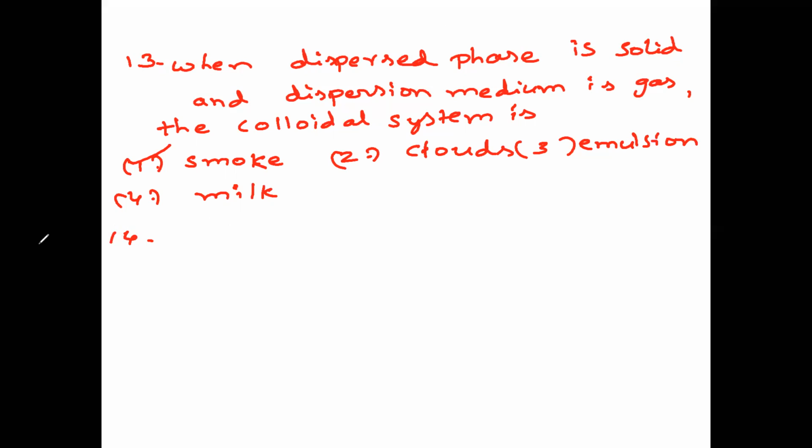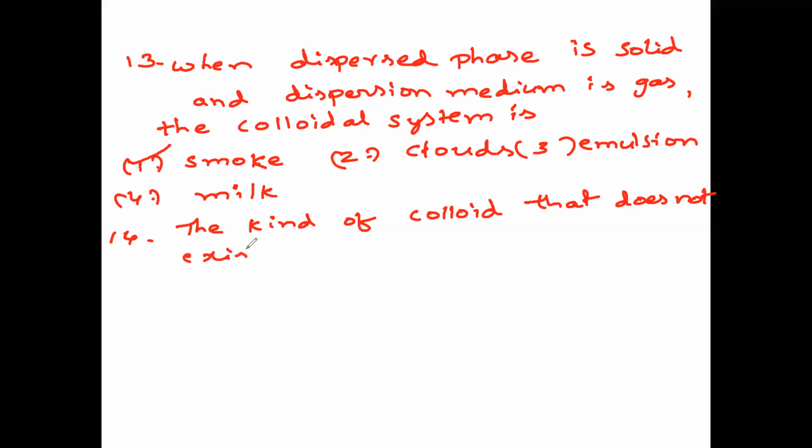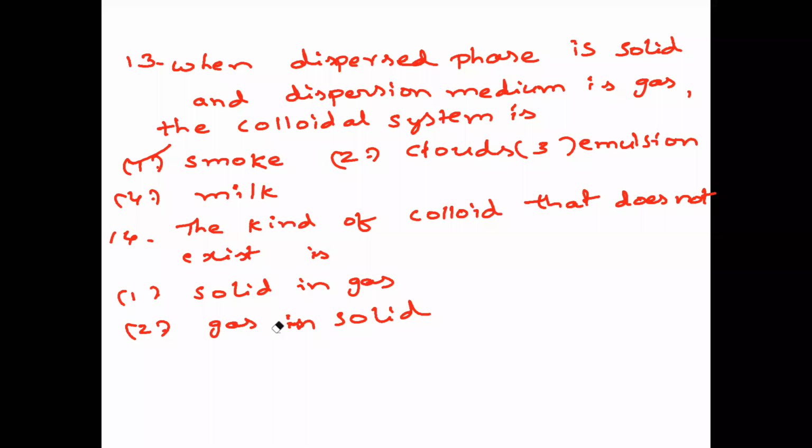Next question. The kind of colloid that does not exist is: first one solid in gas, second one gas in solid, third one solid in solid, and fourth one gas in gas.